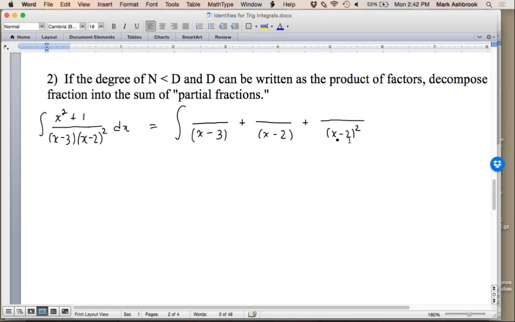So it's another possible denominator we could have, such that the common denominator would be this one. Okay? So this is what it would be.